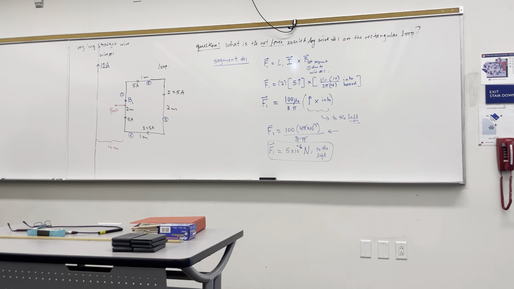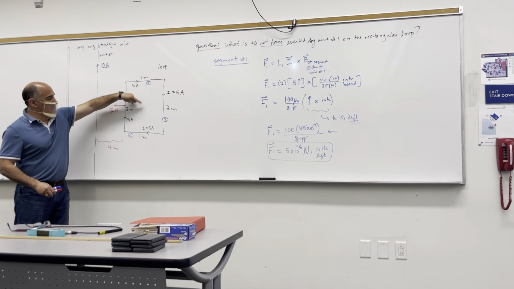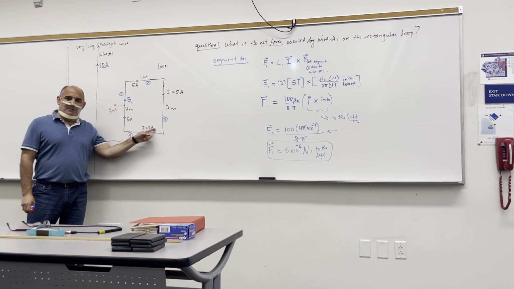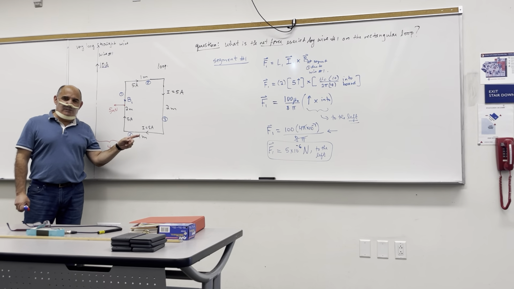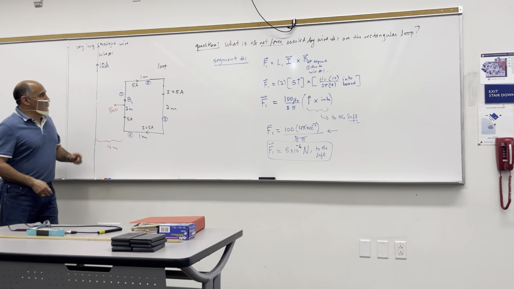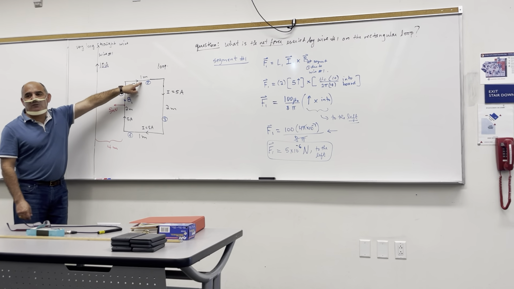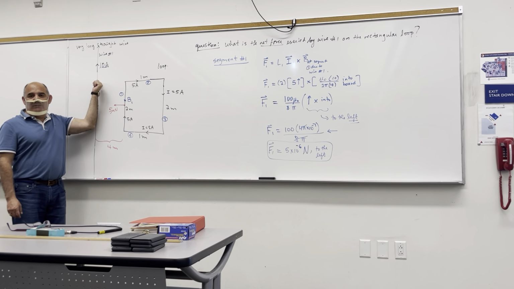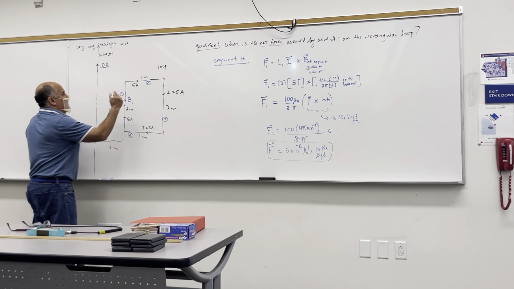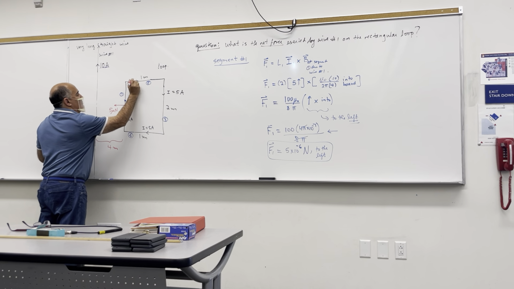Now, for segments 2 and 4, the distance is going to be changing, so the force is going to be changing. But we can notice something. What will be the direction of the force on segment number 2, exerted by the magnetic field generated by this wire? This wire generates a magnetic field, let's say over here, pointing which way?